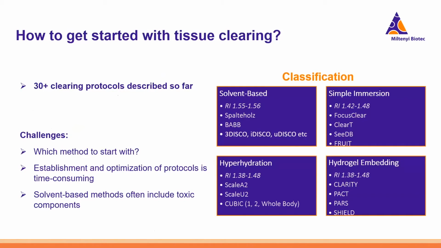If you choose, for example, solvent-based methods, which are often very efficient and offer very quick tissue clearing, a pain point is that they often include toxic components and cannot be handled easily in every lab. So you see, as a beginner, there are certain challenges that are faced.